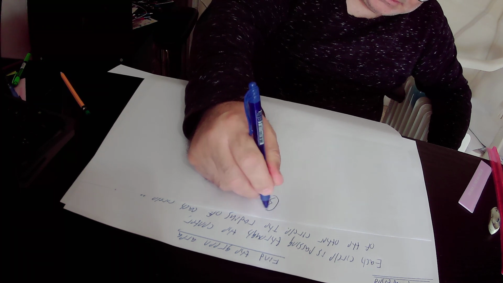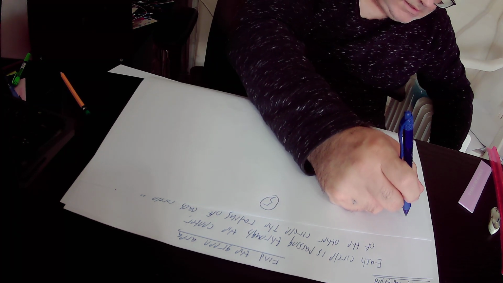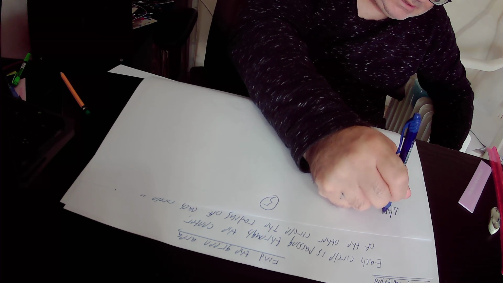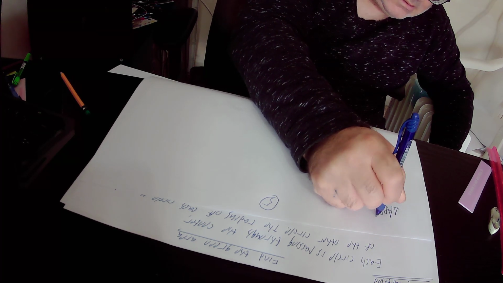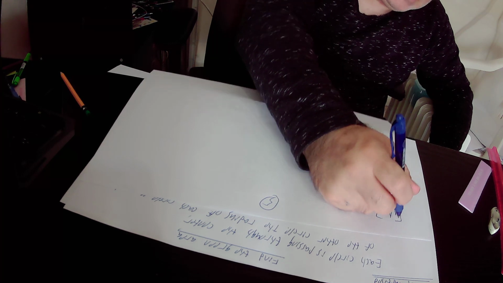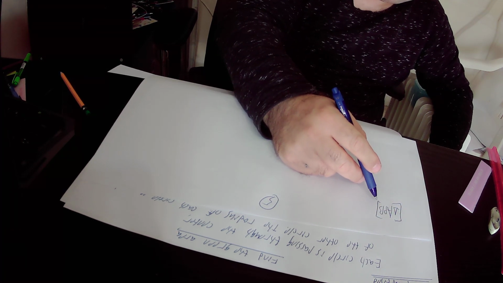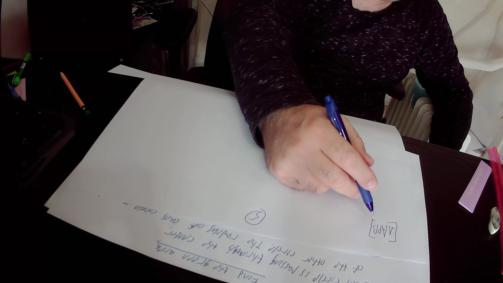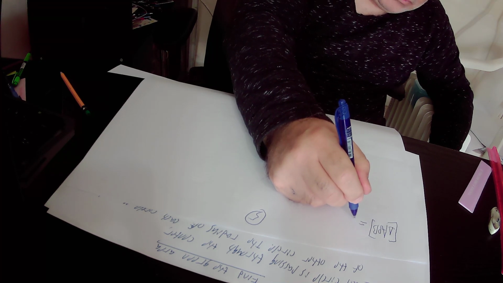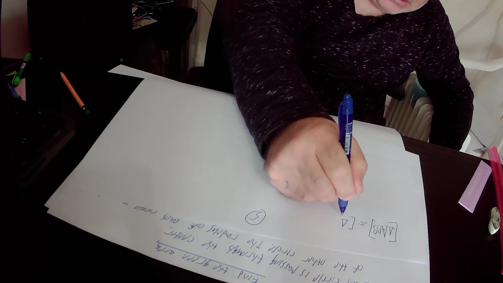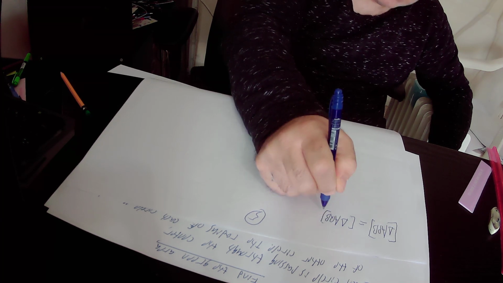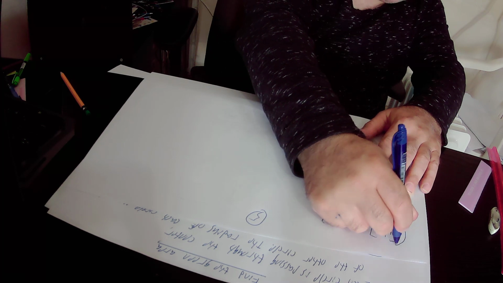I write it here. I will remind you again that the squared brackets mean the area. This means that the area of triangle APB is equal to the area of triangle AQB.